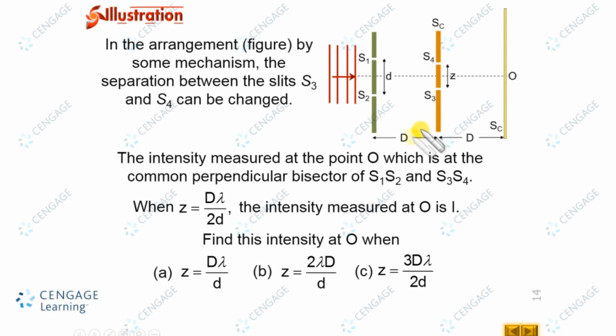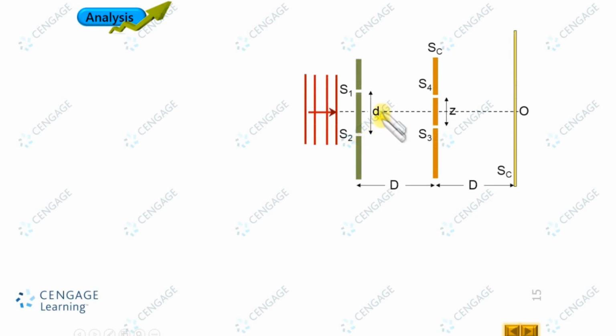So let us first analyze the situation given when z equals capital D lambda divided by 2 small d, and intensity is capital I. We are not given the original intensity, so we can assume the intensity coming out at S1 and S2, at both slits, is I naught. So let us make the diagram.